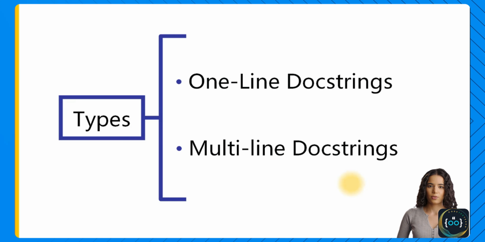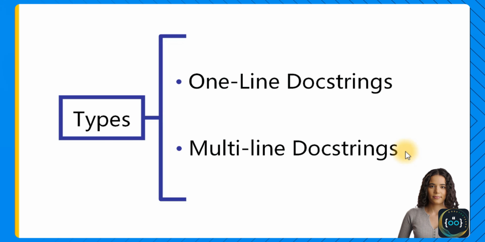There are also two types of docstrings that you have to be aware of. We have one-line docstrings and multi-line docstrings, depending on the level of detail and description that you want to add to your documentation. We will see both of them in detail during this section, and you will learn how to write them and what type of information to include.